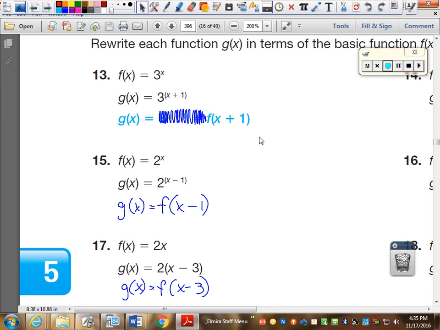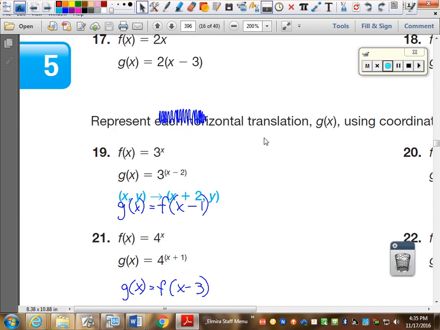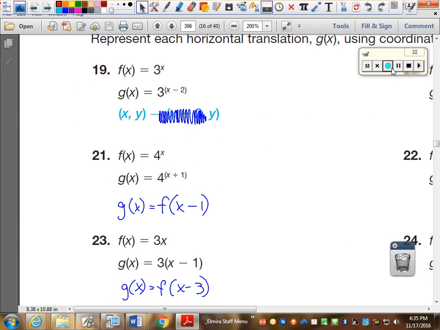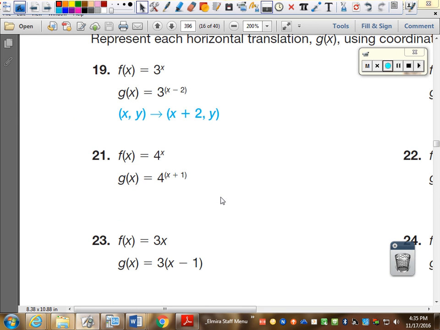And on the homework, we're going to write our mapping. So x, y. X comma y maps onto x, not plus 1.